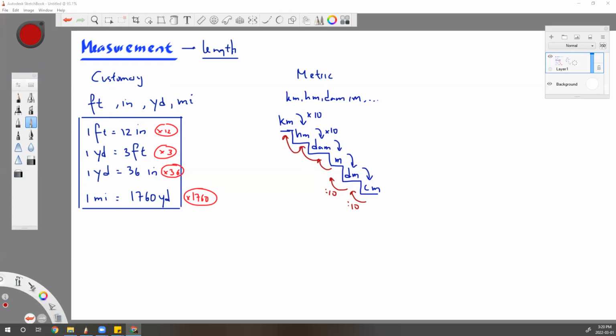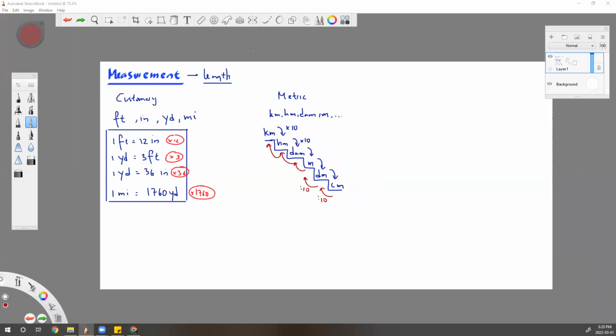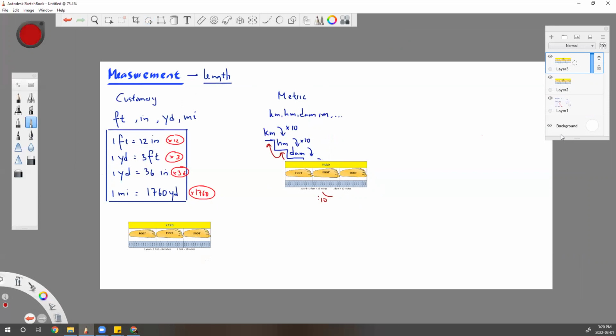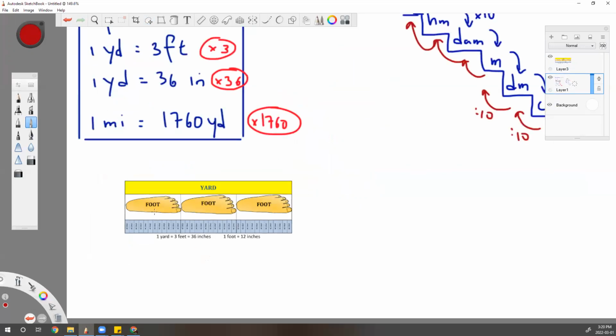Now the conversion of the customary unit can be shown like this. This is the simplest way to understand. This is the customary unit, but it's too small, so I need to make it bigger.